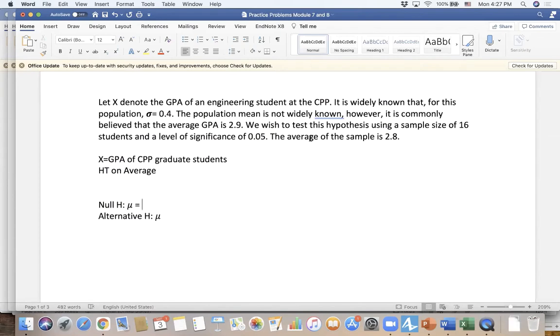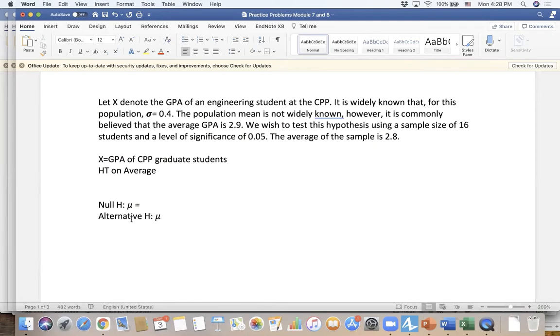Okay. It says that the population mean is unknown. However, it is commonly believed that the average GPA for CPP students is 2.9. That's all it says. Then it says we took a sample, and the average of the sample is this much. But this is basically all we know, that it's commonly believed that the average GPA is 2.9.